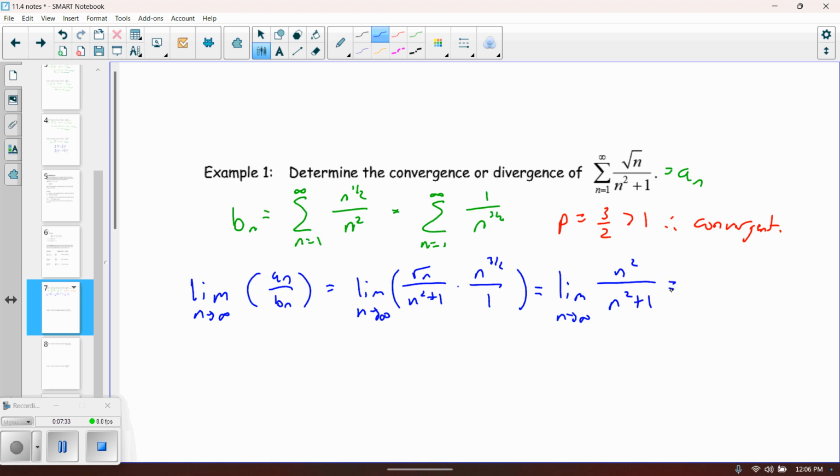And we know that that limit is 1 because the growth rates are the same on the top and the bottom, meaning that you can divide the leading coefficients and we get 1. 1 is a finite value, therefore a sub n is also convergent. So again, the idea here is we are comparing this by using limits to something which has exactly the same overall growth rate. So whatever one does, the other has to do the same thing because they're growing at the same rate.